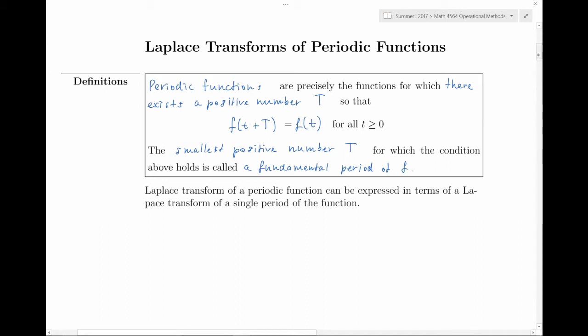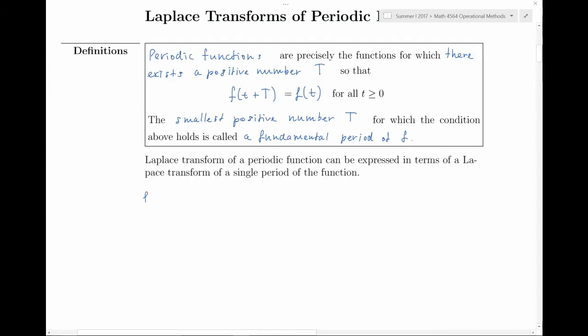When we compute Laplace transforms of these functions, we can exploit the fact that the function f repeats itself many times.